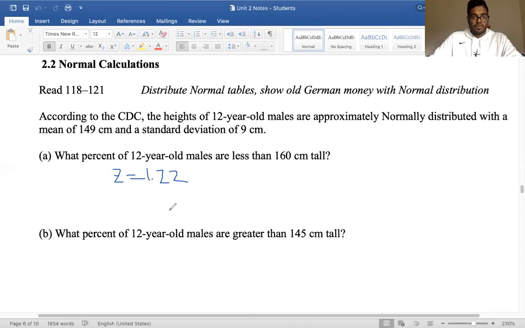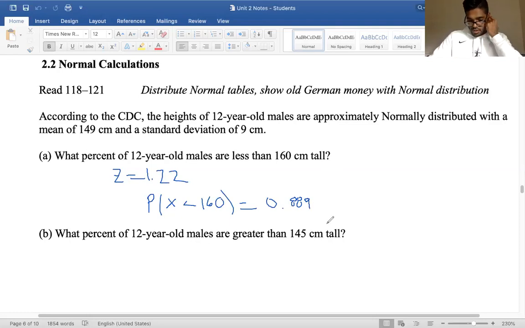And then the way we write this, you can write the probability that X is less than 160, where X is how tall you are, is equal to 0.88. To 3 decimals, I guess if I'm rounding, actually, it would be 0.89 to be exact.